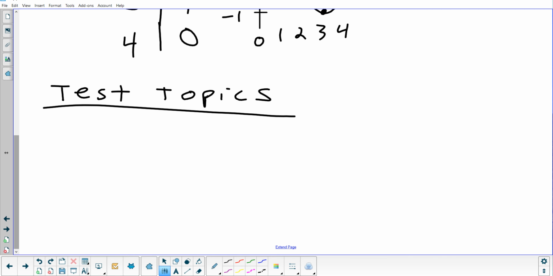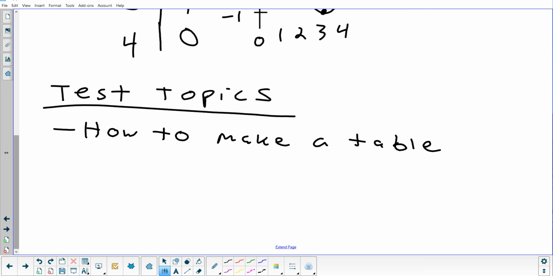Remember, test isn't till Friday. So you have to know how to make a table for all the transformations we've done. Phase shift, that was Monday.